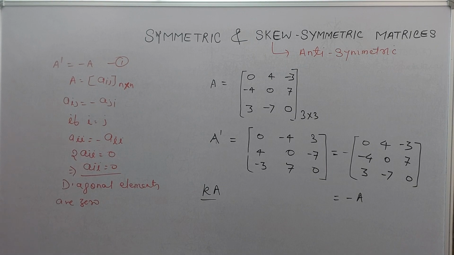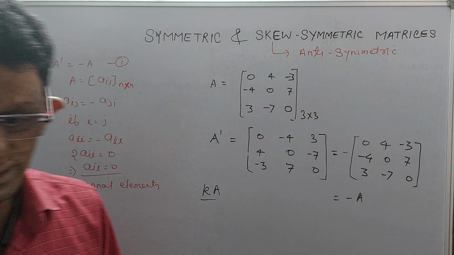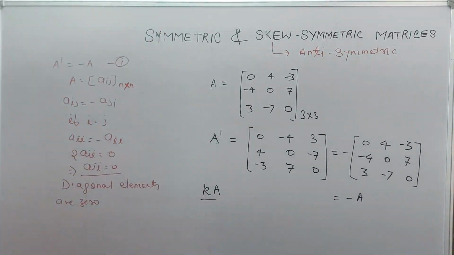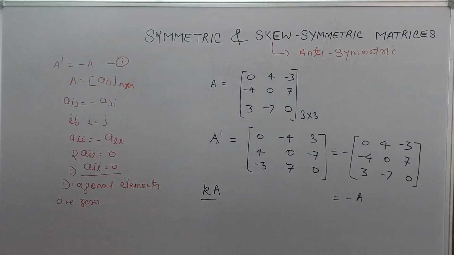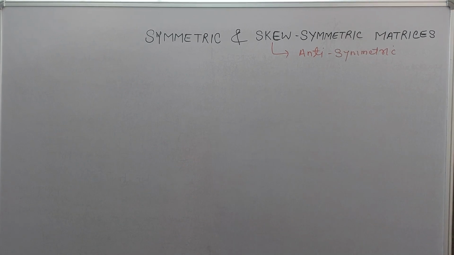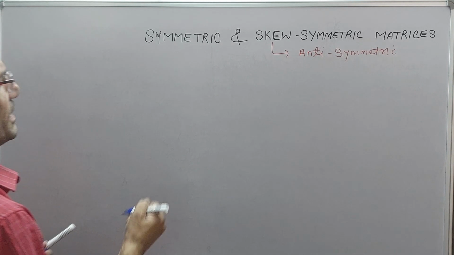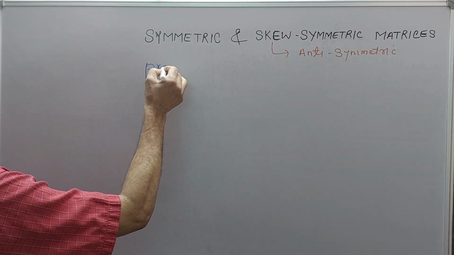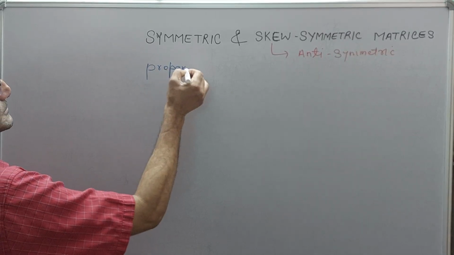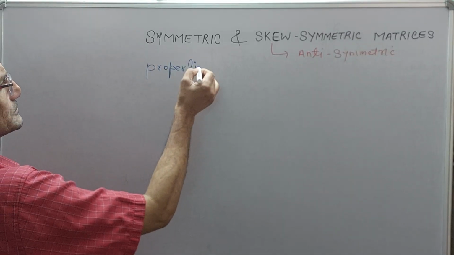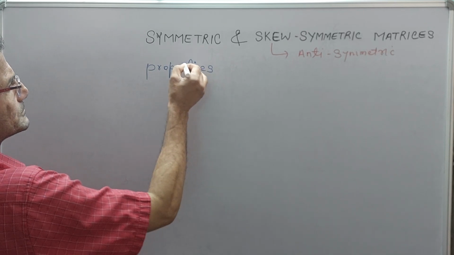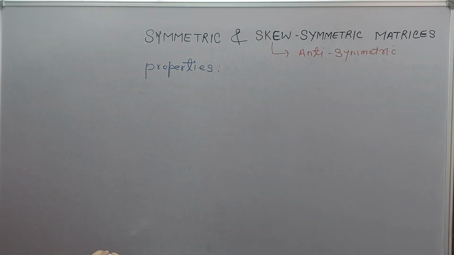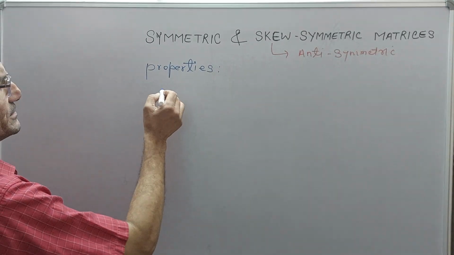Now let us do some properties of skew symmetric matrix and symmetric matrix. There are many very important properties here. First one: A is a square matrix.